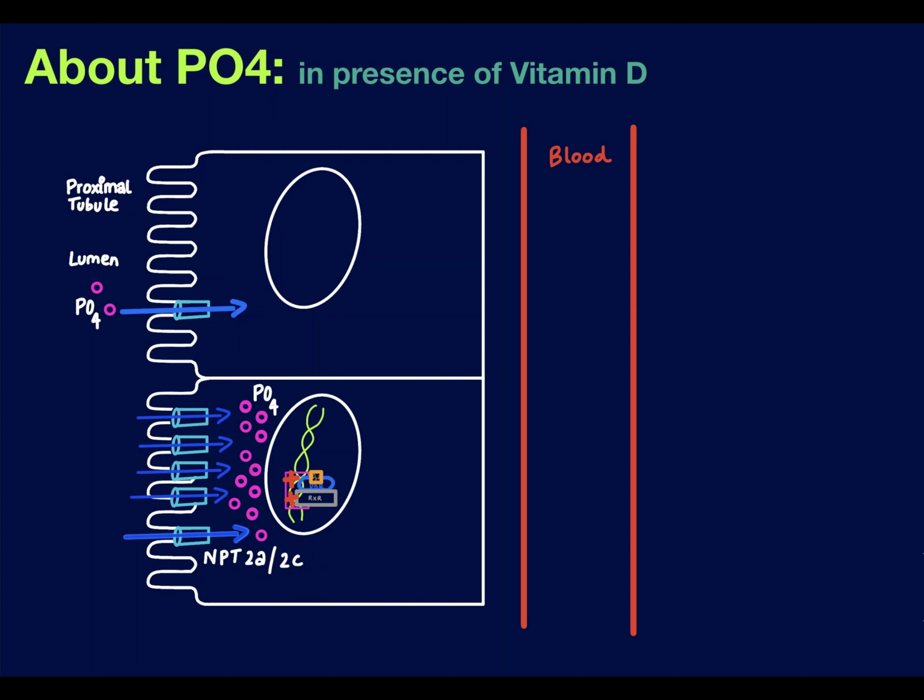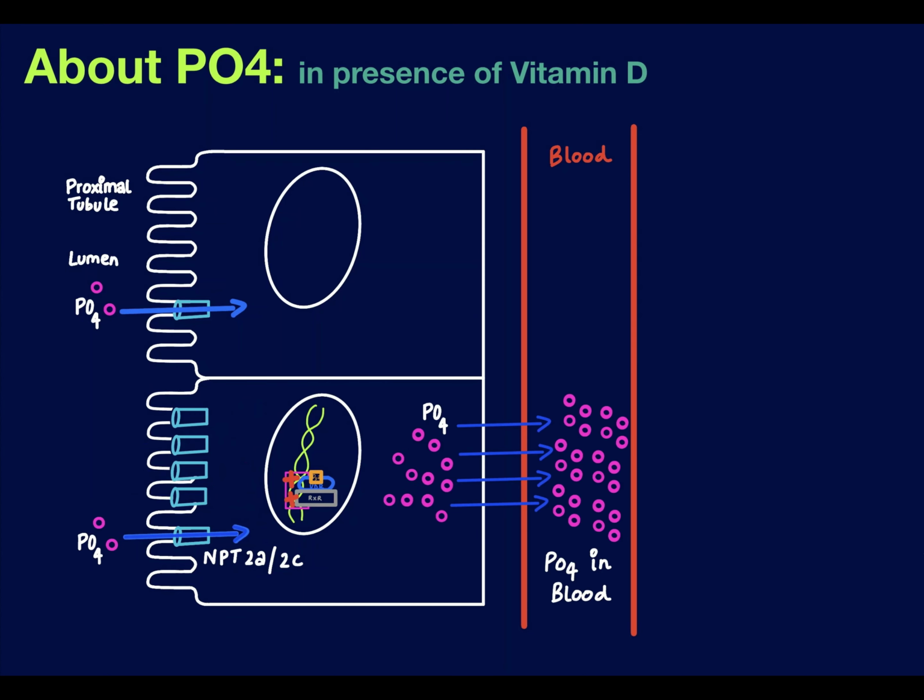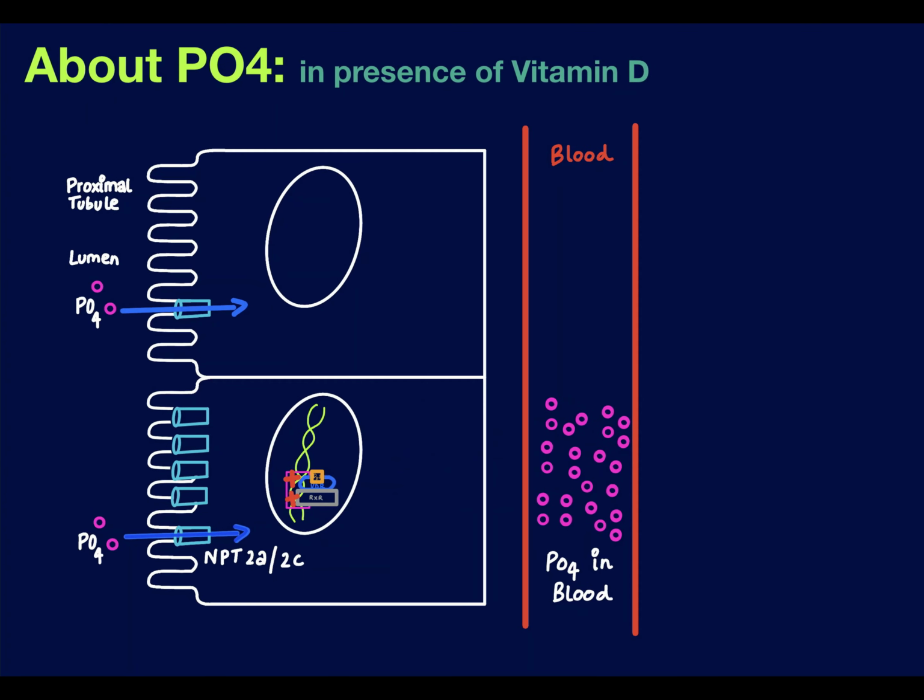As a result, there is increased expression of NPT2A transporters on the luminal side. Therefore, there is increased phosphate reabsorption. This is what is meant by increased gene expression of sodium phosphate cotransporter subtype 2A, aka NPT2A transporter.